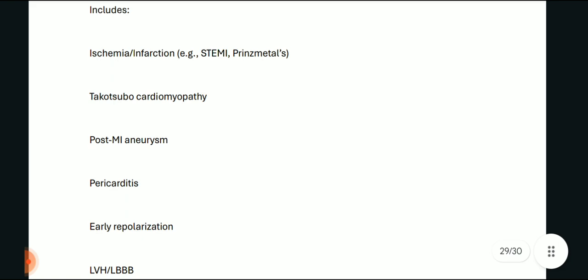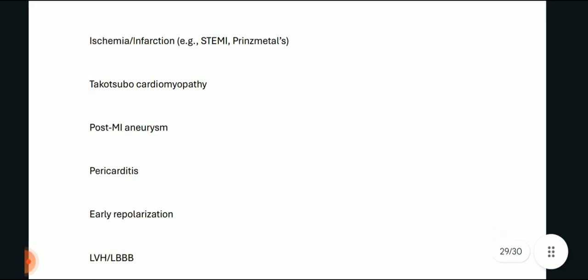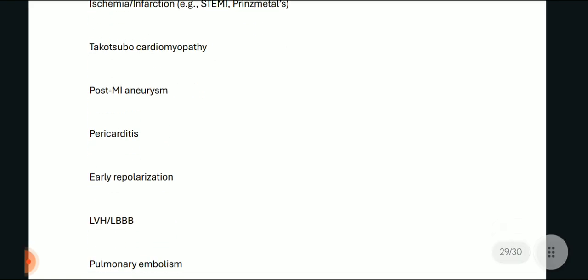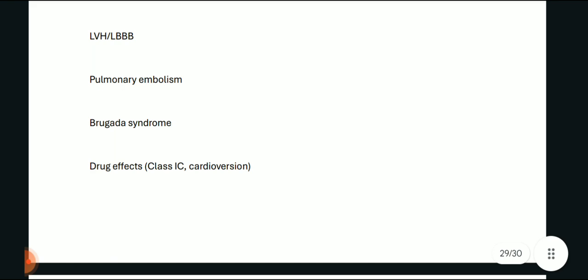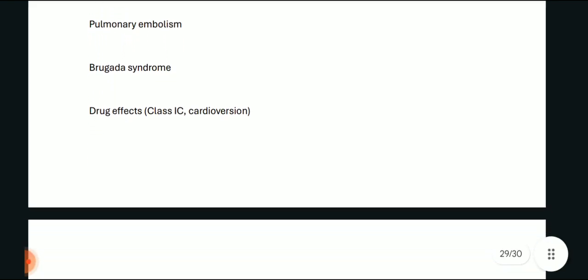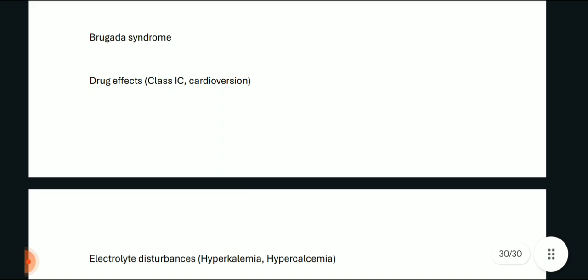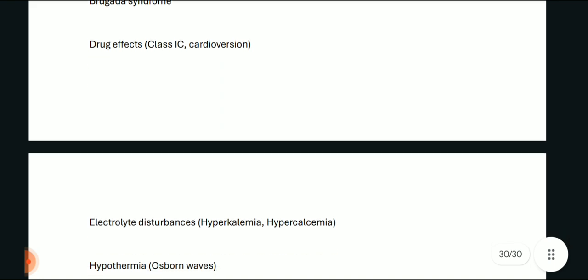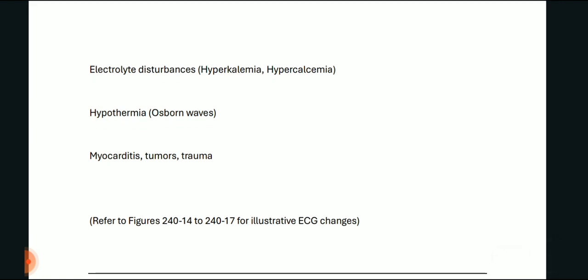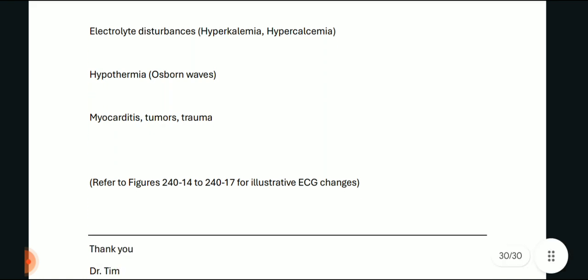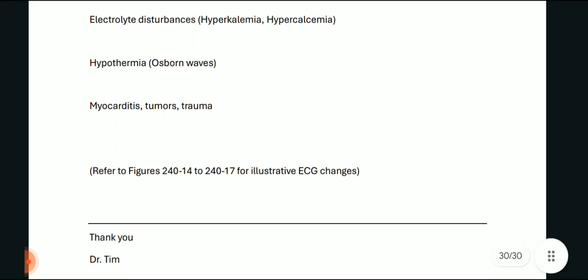Ischemia or infarction like STEMI or Prinzmetal angina, takotsubo cardiomyopathy, post-MI aneurysm, pericarditis, early repolarization, left ventricular hypertrophy, left bundle branch block, pulmonary embolism, Brugada syndrome, drug effects like class 1C and cardioversion, electrolyte disturbances, hyperkalemia, hypercalcemia, hypothermia where Osborn waves are seen, myocarditis, tumors, and trauma.